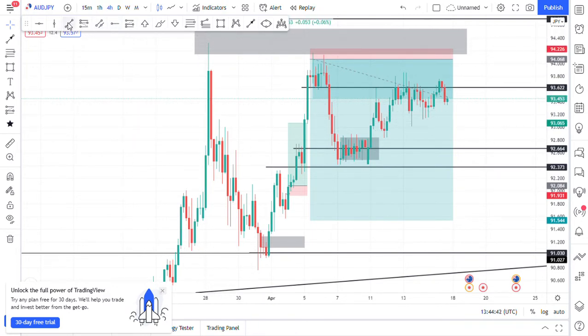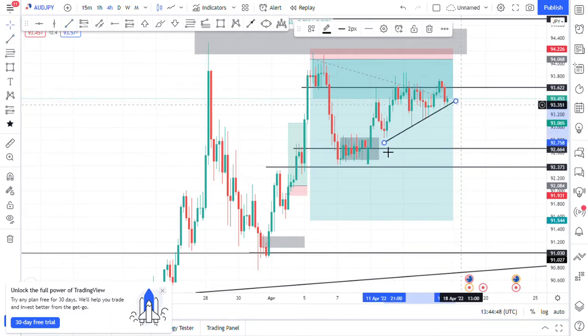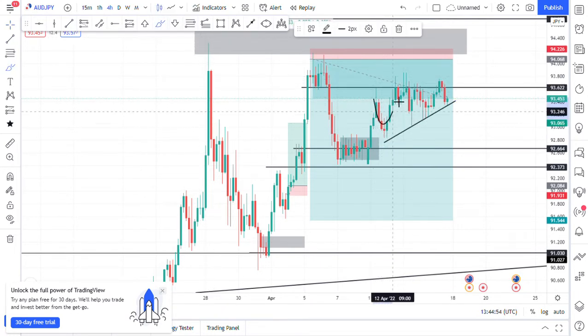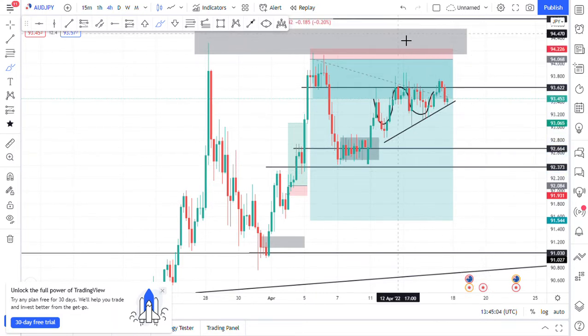If we see this pattern, the triangular pattern, most likely what I'm expecting to see is price doing this, and this, and this, then finally falling to the downside. That's exactly what I'm expecting to see price do.